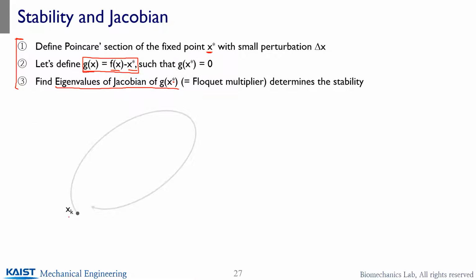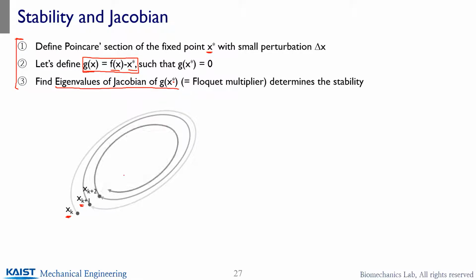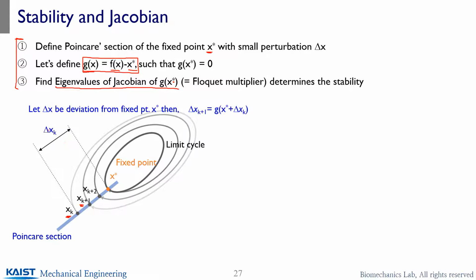Suppose you have an initial guess xk, and that gives you the next initial point for the rimless wheel, xk plus 1. Just keep running, and that will actually reach the fixed point. This is one example for the Poincare section. Let's define delta xk as the deviation of your kth initial guess from the fixed point x star.